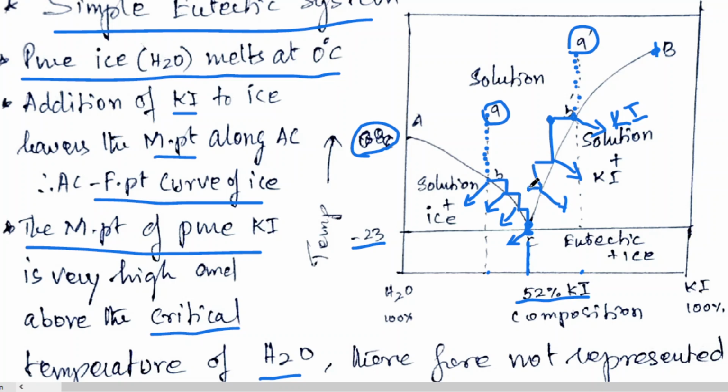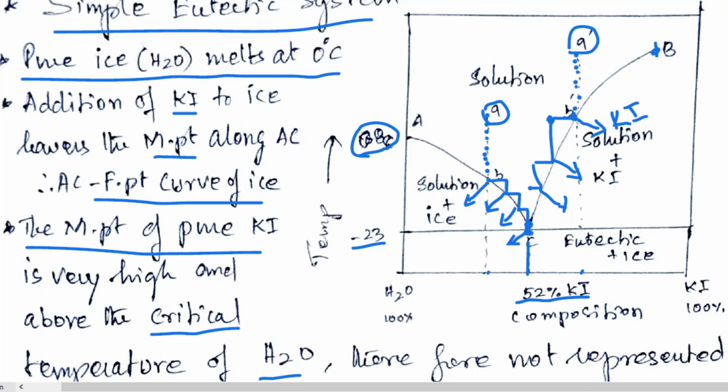When this composition is arrived, I am cooling until this point. When it reaches this point, the whole solution becomes solid. Ice and KI mixture will get solidified. This is the water and KI system.